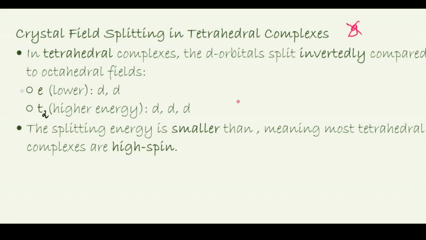So we just mention it as E and T2. E becomes the lower energy level now, and T2 becomes the higher energy level. But the d orbital separation is just the same: dx square minus y square and dz square are in E, and dxy, dyz, dzx are in T2.